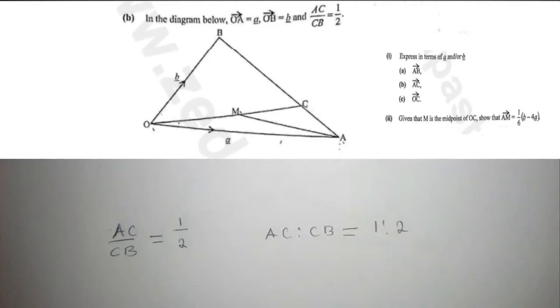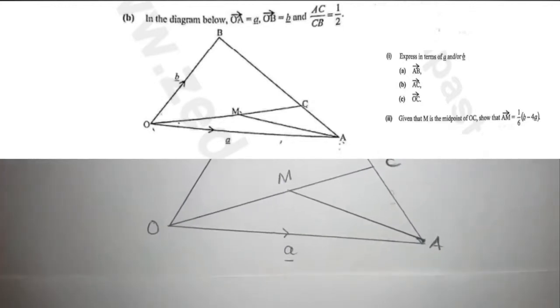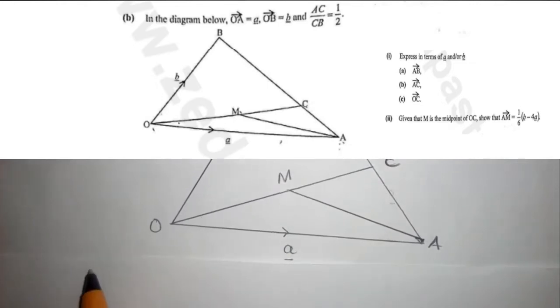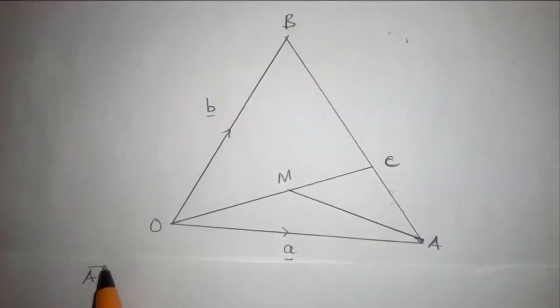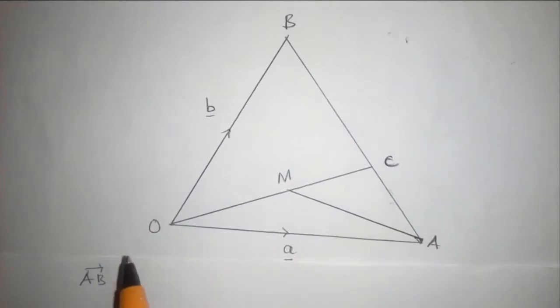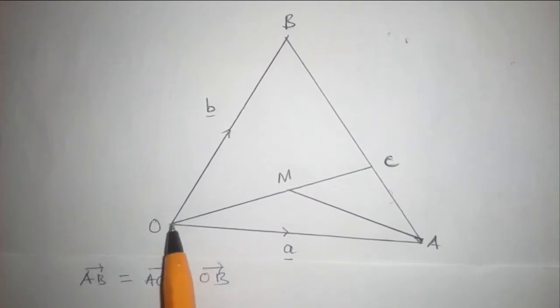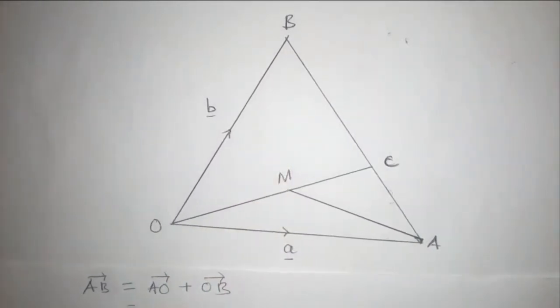Now they're saying express in terms of A and or B. First, they want us to express vector AB. So vector AB is equal to AO, so vector AO plus OB. Now we can check what is our AO.